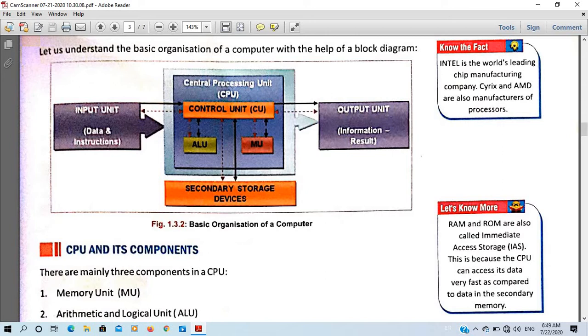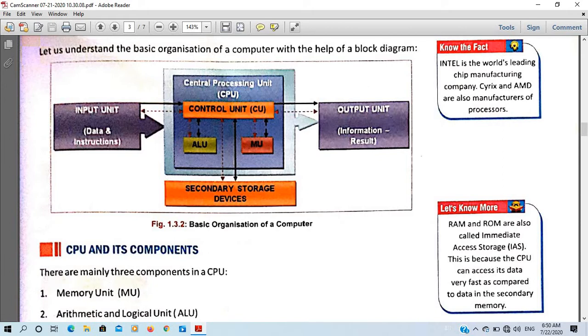Then here it is also a two-way process. Okay, you can see input is going inside the computer, and the computer controls the input unit, how some data or input is coming. So the control unit is connected, meaning a two-directional connection is here.